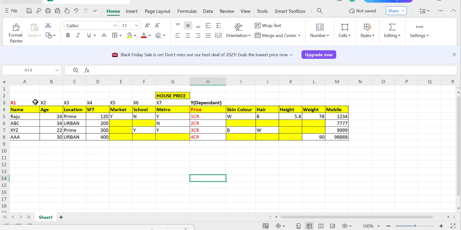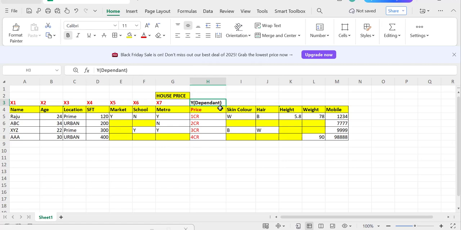What do we call them? Independent variables. Sorry, I said it wrongly. These are all the independent variables.